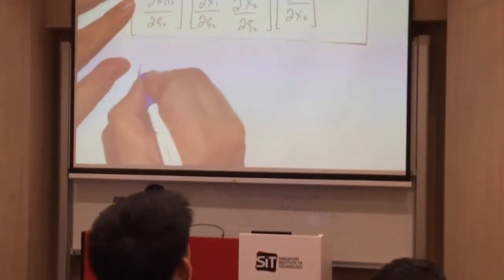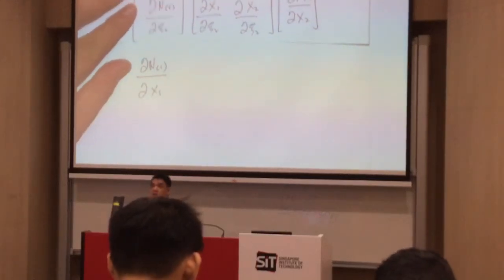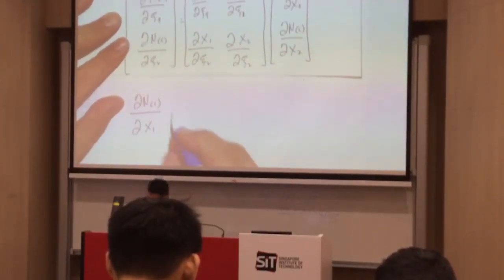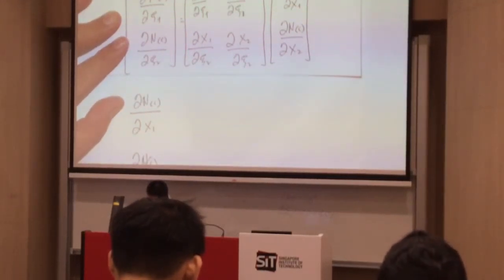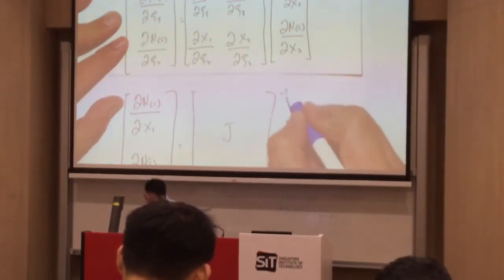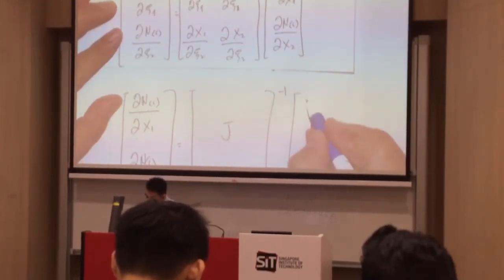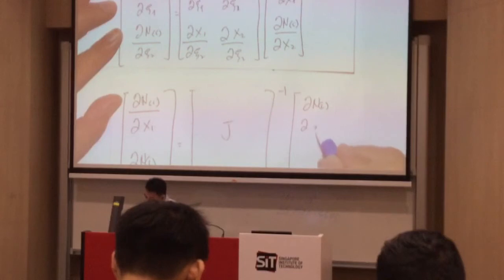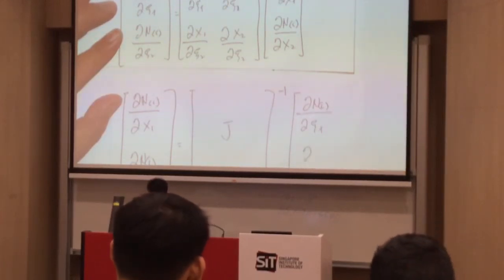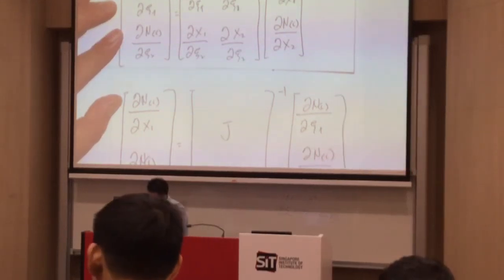So finally, if I want to determine this one here, I have now the inverse of my Jacobian. Then I multiply this one with the partial of Ni.